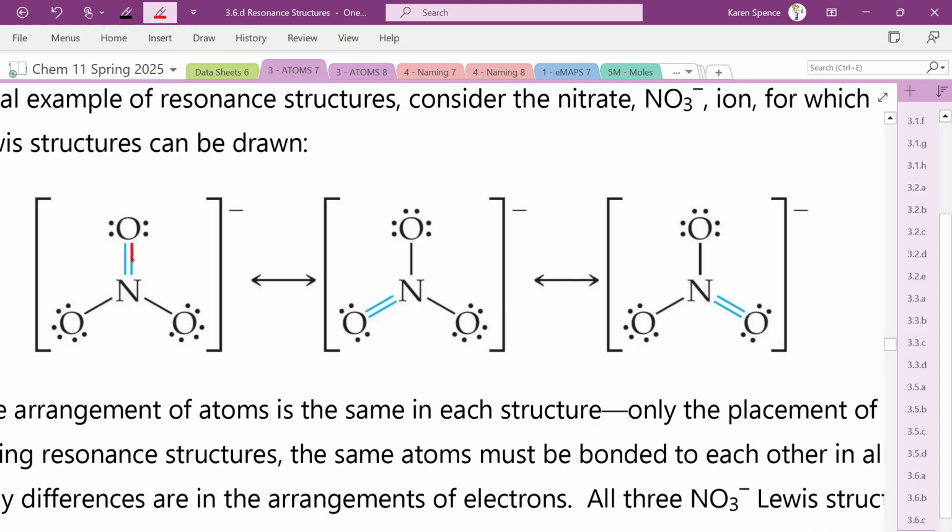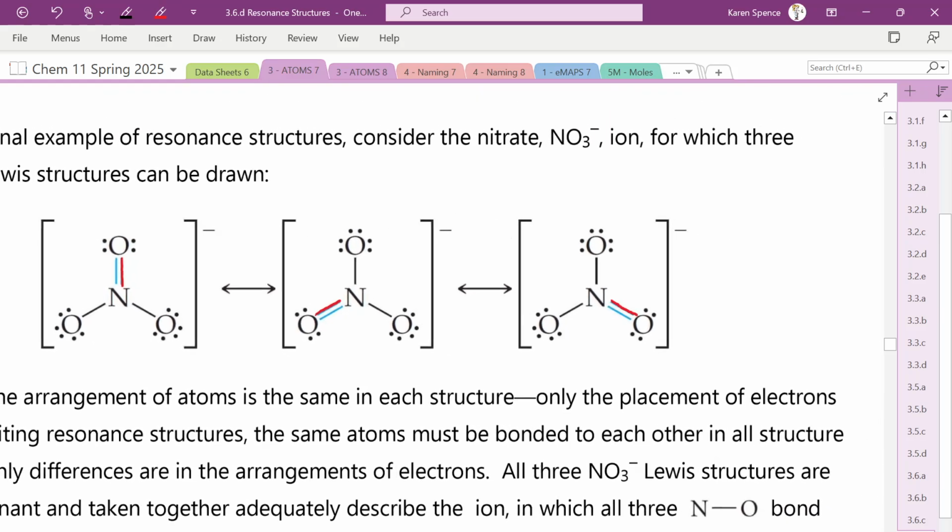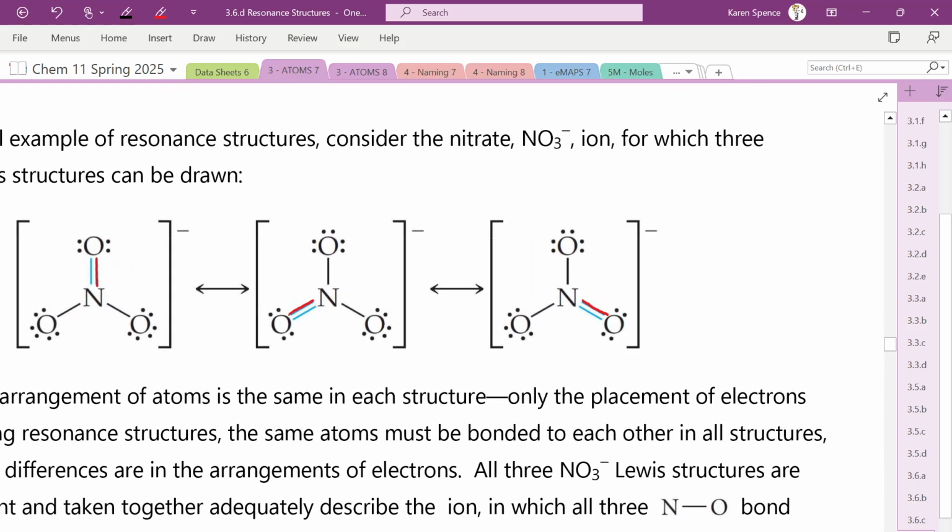It can go on the top, it can go on the left, or it can go on the right. Does it really flip around from place to place? No, it doesn't. How would we draw a structure that sort of shows what is happening? So what we would have is our nitrogen, with a single bond here, here, and here, and then that red bond would be spread out into 3 places.